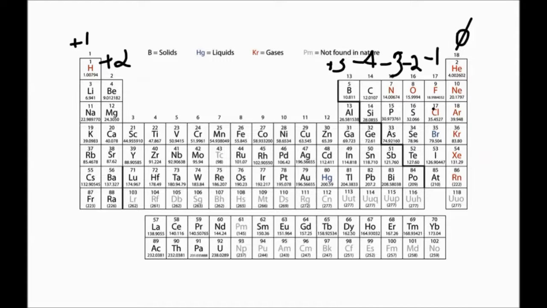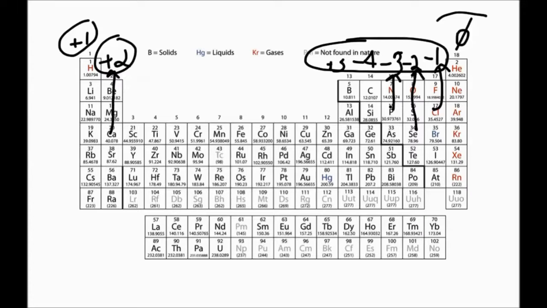You can just look at chlorine and know, oh yeah, chlorine is going to be -1. Or selenium, oh, selenium is going to be -2. Or phosphorus, oh, phosphorus is going to be -3. Calcium is going to be +2. You don't have to do any thinking at all because all the numbers have already been written by yourself above the periodic table. So do this on every single periodic table all year long.